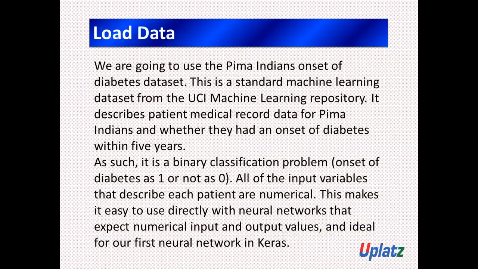First is load the data. We are going to use the PIMA Indian onset of diabetes dataset. This is a standard machine learning dataset from the UCI machine learning repository.